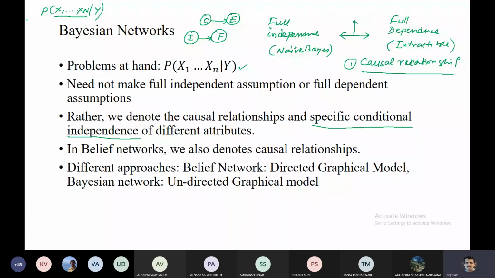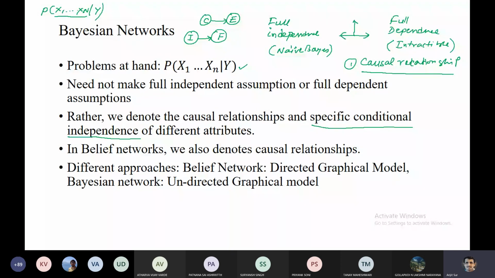So what we are basically discussing is that we try to find something in between the fully independent, that is the naive assumption, and the fully dependent. These in-between things can be addressed or represented using the causal relationship and the specific conditional independence.